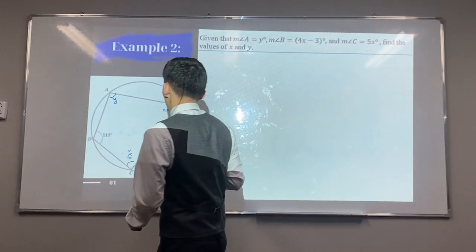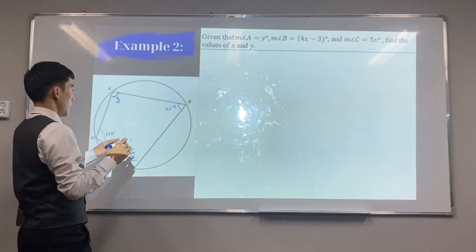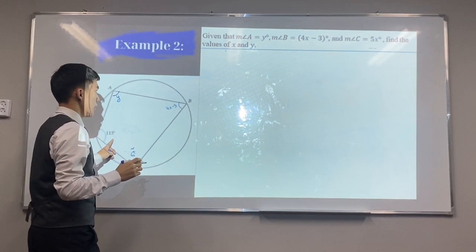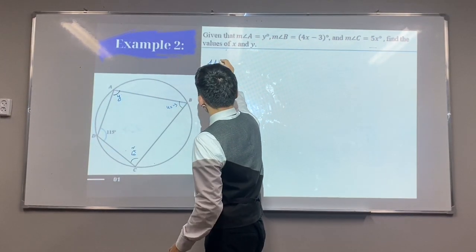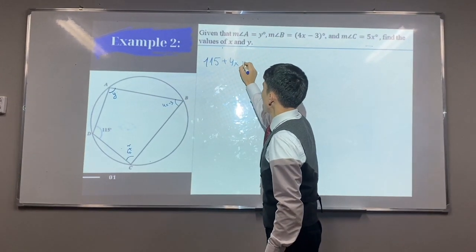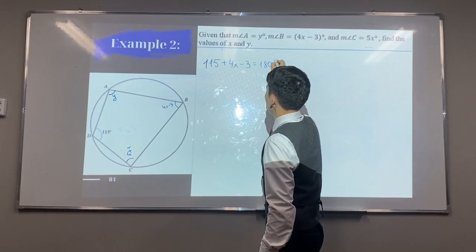First we find x: 115 plus 4x minus 3 equals 180 degrees.